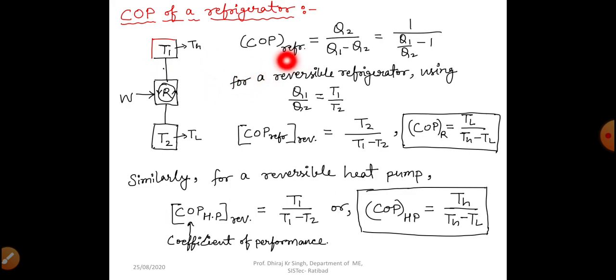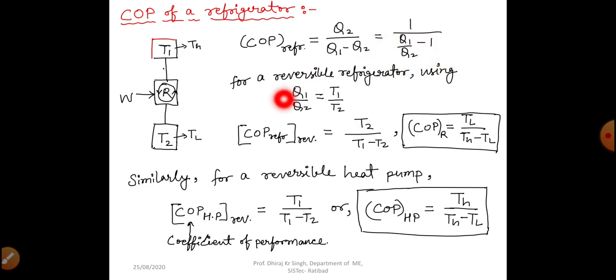So COP of refrigerator, we know, is desired effect divided by work input. Desired effect here will be Q2, meaning the heat transfer from this lower temperature, and the heat accepted by the refrigerator is our desired effect here. So Q2 by Q1 minus Q2. We divide the whole numerator and denominator by Q2, so 1 divided by Q1 by Q2 minus 1.